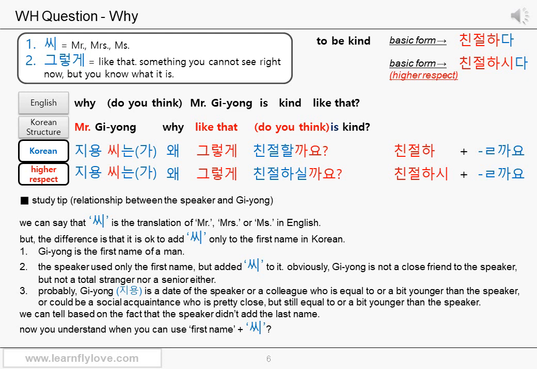It would sound awkward to add 께서 to 지용 씨, so we can just keep using 지용 씨 in a higher respect sentence. Therefore, we just need to turn the adjective that ends the sentence into a higher respect form. The higher respect form of the adjective kind is 친절하시다. The stem is 친절하시, as you expected.